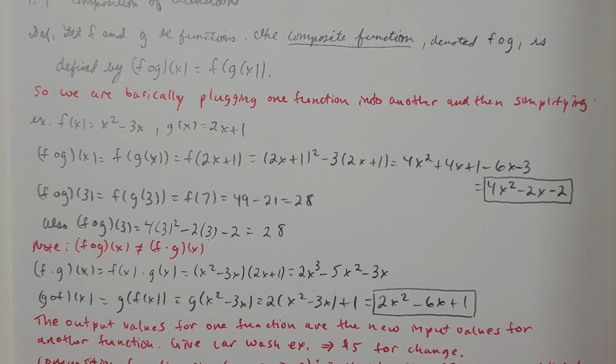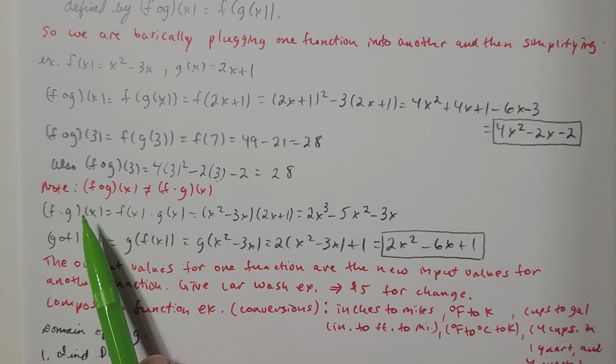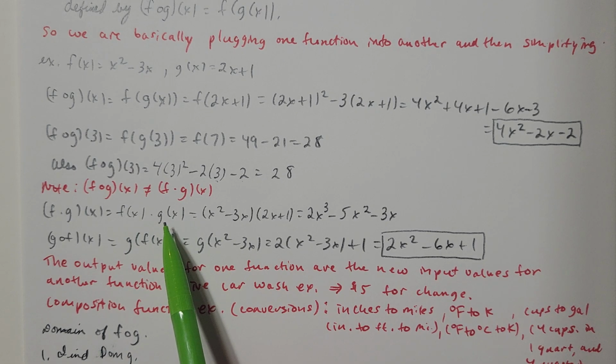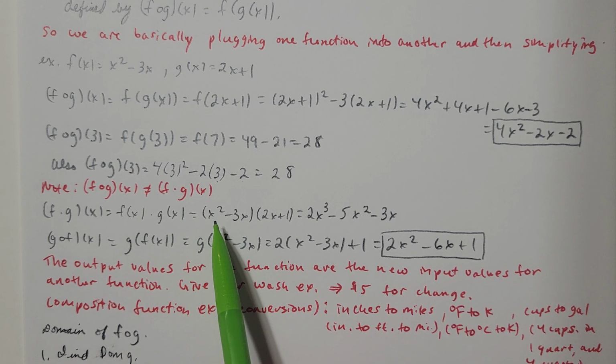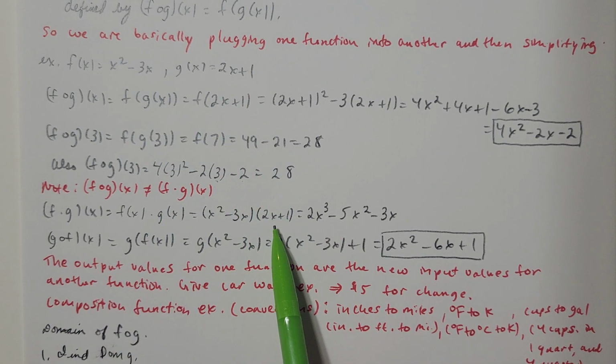Okay? Now, there's a note here. F composed g of x, that's not the same thing as f times g of x. Some students get mixed up with that. Okay, if I want to find f times g of x, that is the same thing as f of x times g of x. And so if I take x squared minus 3x times 2x plus 1, I would need to FOIL that.